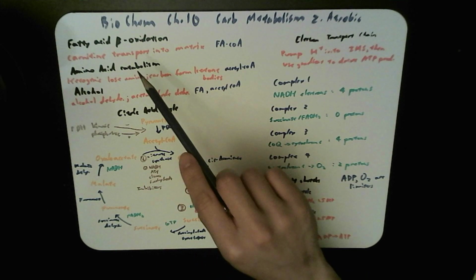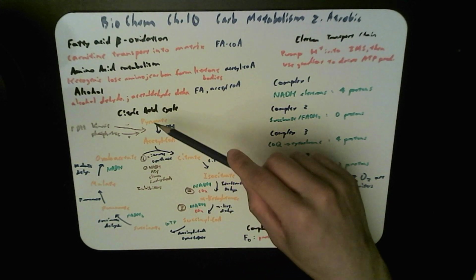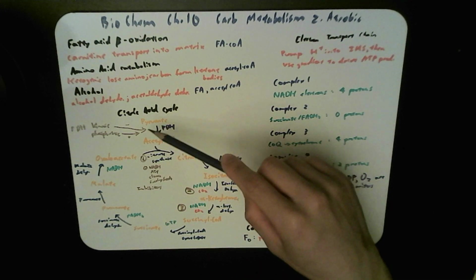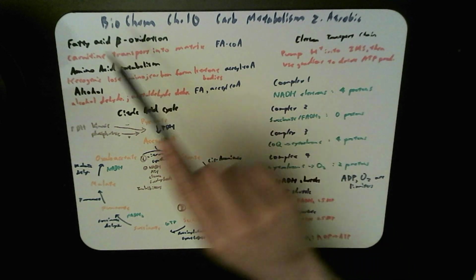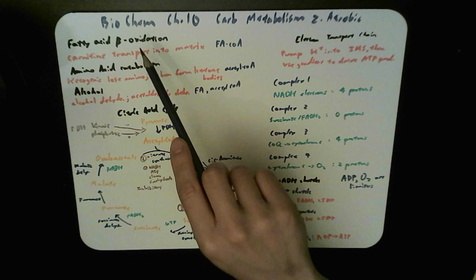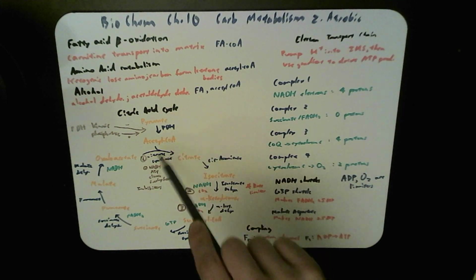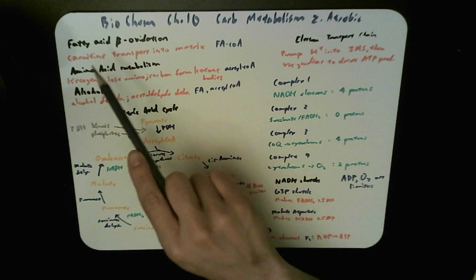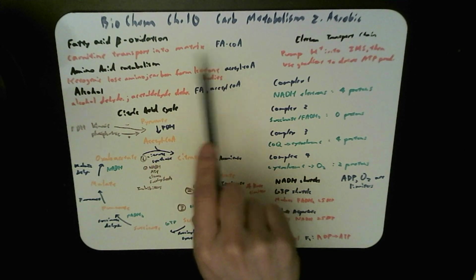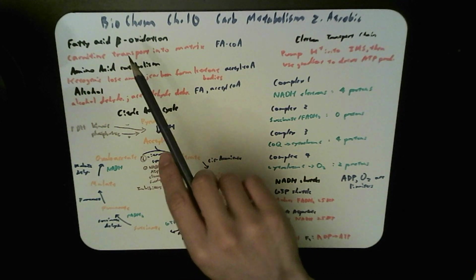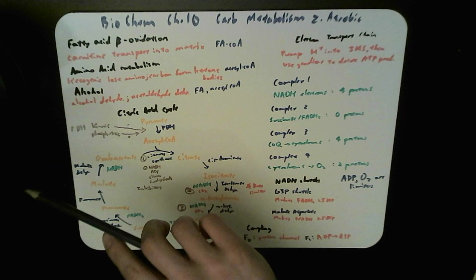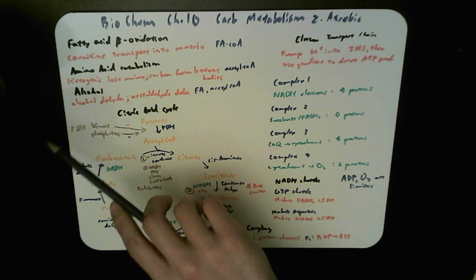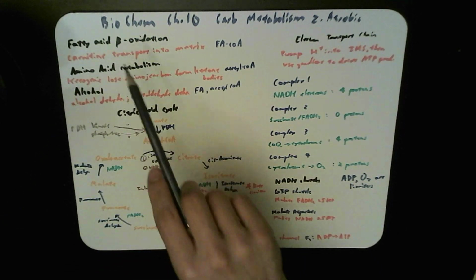Just like how pyruvate can be turned into acetyl-CoA through pyruvate dehydrogenase, fatty acid beta oxidation can also make acetyl-CoA to feed into the cycle, and that's done through the carnitine transporter into the matrix. Fatty acid is usually generated outside in the cytoplasm, so it has to be brought in using the transporter.